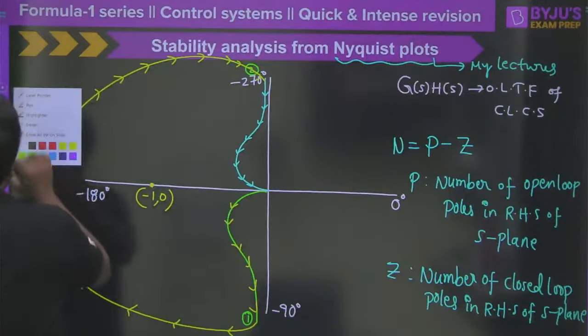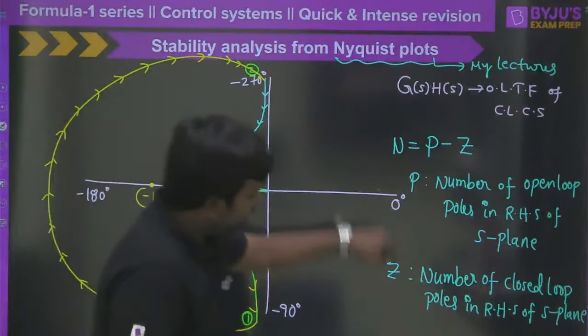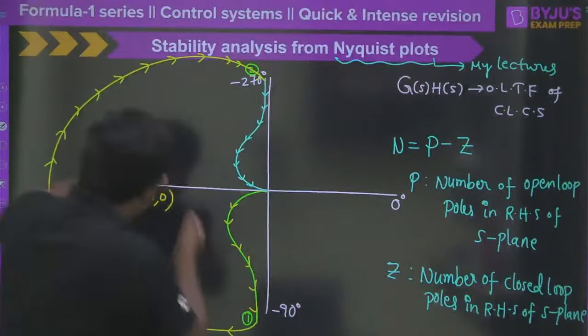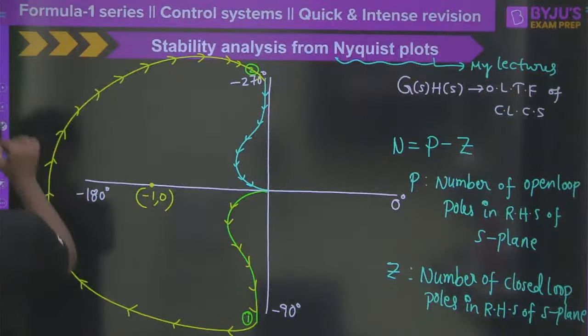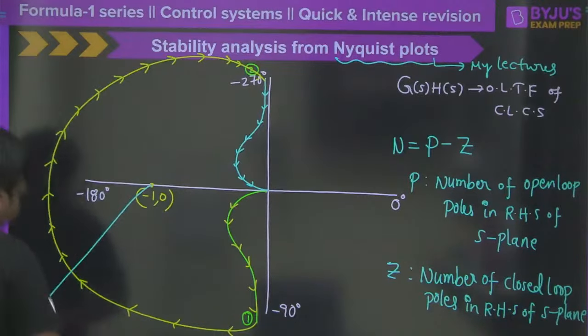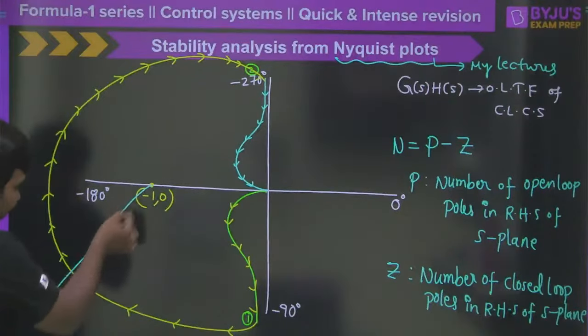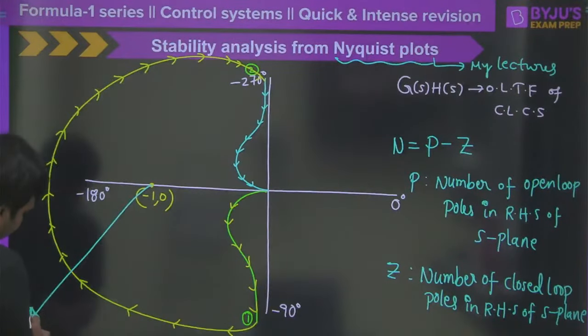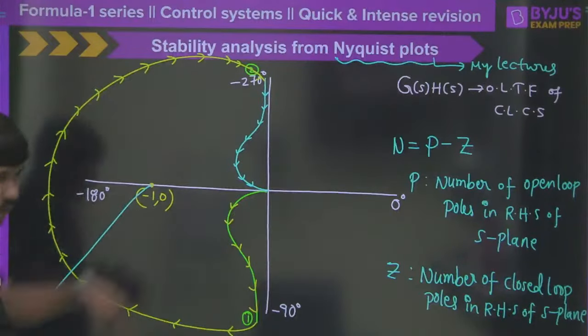So no problem. Now you tell me, yes, P and Z, I have explained what they are. Now look at the number of encirclements. How do we find the number of encirclements? Very simple. Just draw a line from here, correct? Draw a line like this. Now you see this line, whatever you have drawn from -1, 0, is cut by the Nyquist plot. Yes or no? Yes, it is cut by the Nyquist plot.